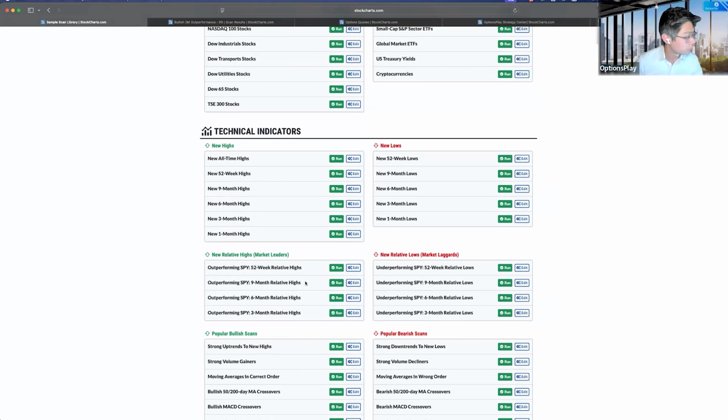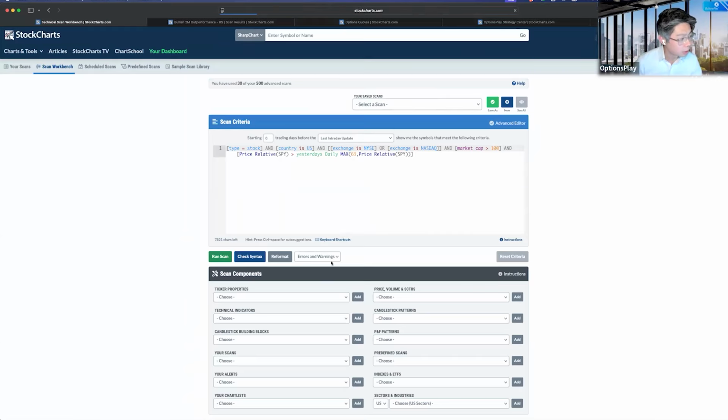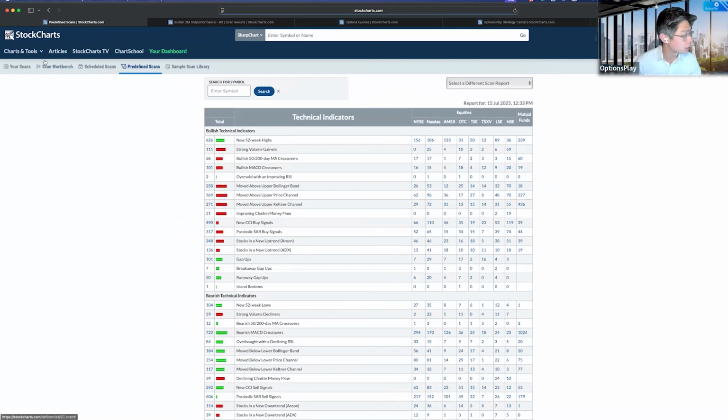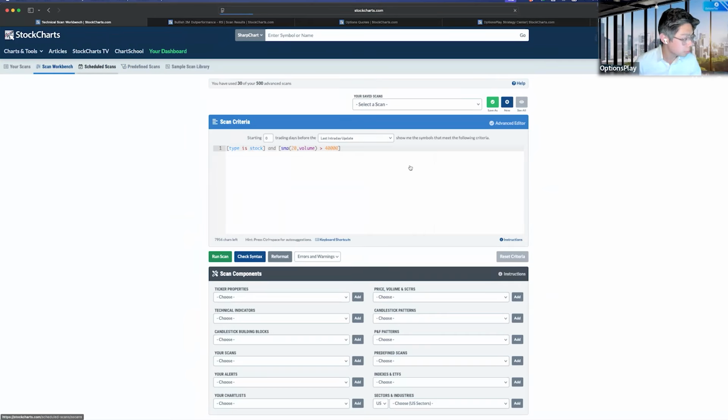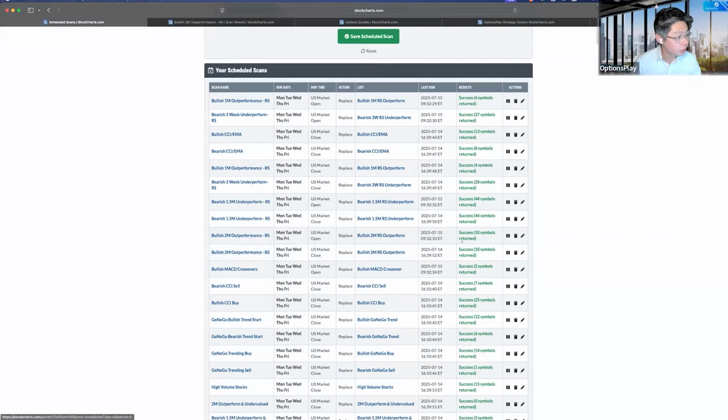For example, outperforming the markets for the last 3 months is a really good starting point as a scan. Now you can add your own filters on top of it, and then once you've built your scans, you can schedule your scans to basically create a watch list or a chart list every single morning or every single day after the close.